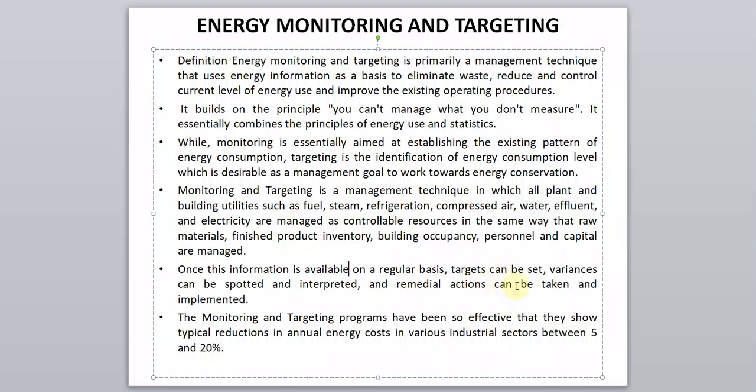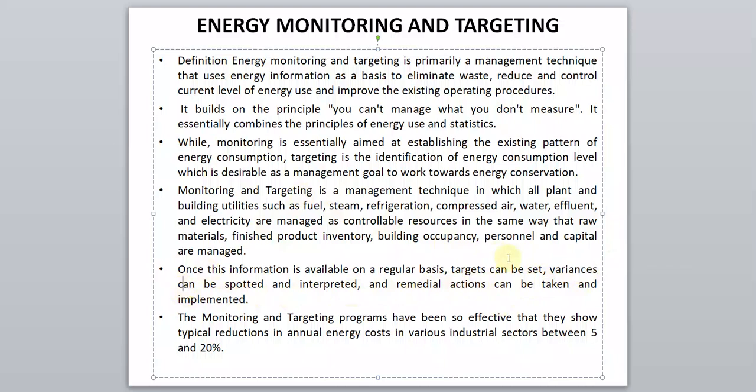Now here there are variances. Variances are nothing but variations in the output. On some days there will be different output. On some day the consumption will be 5 kilowatt, on some day 1 kilowatt, on some day 0.5, on some day 10. So according to that your target should change.